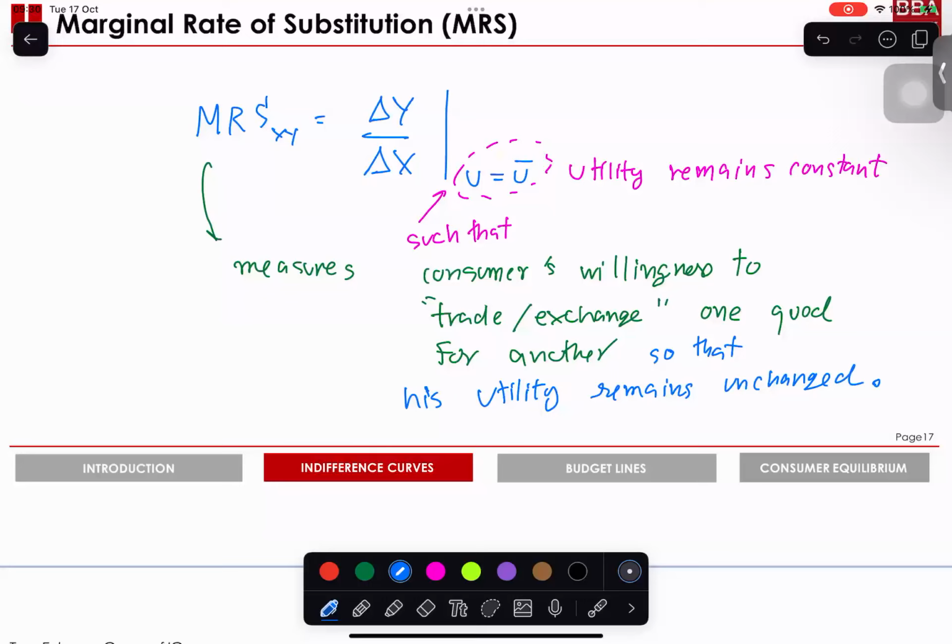This part, you may not have a clear idea about this phrase. I will explain it. Now, I think you are quite clear about this delta y over delta x, but I added something more here that we will discuss: such that utility remains the same, remains unchanged, remains fixed.